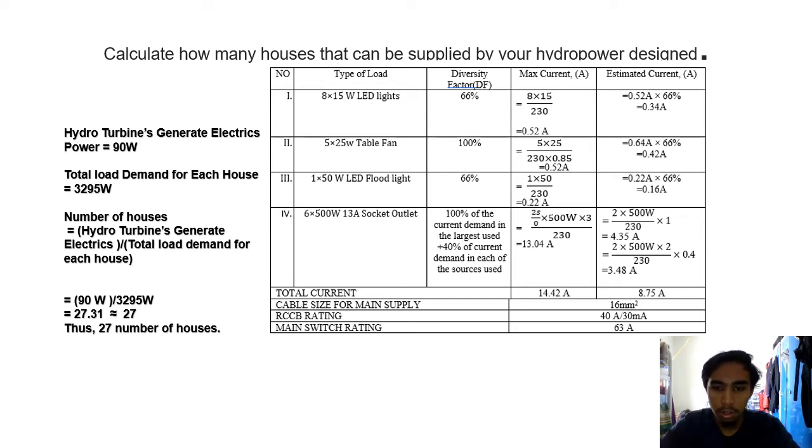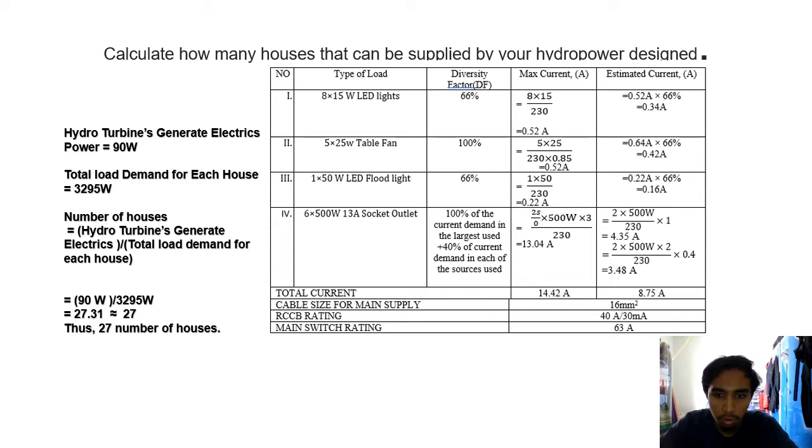For the formula to calculate the number of houses, we divide the hydro turbine generated electricity by the total load demand for each house, and based on the calculation, we get a total of 27 houses.